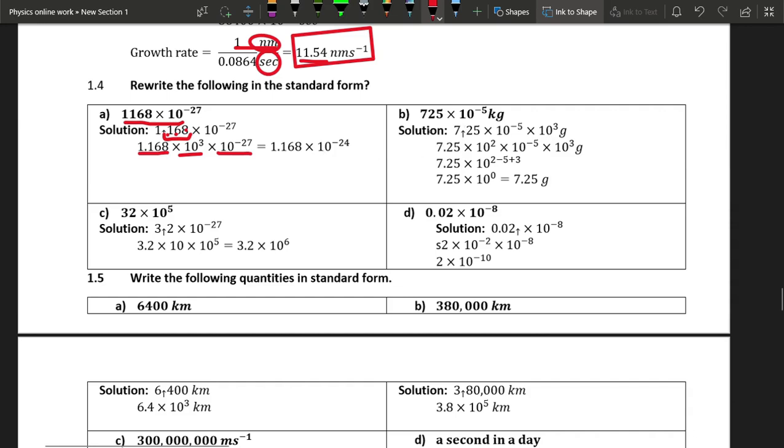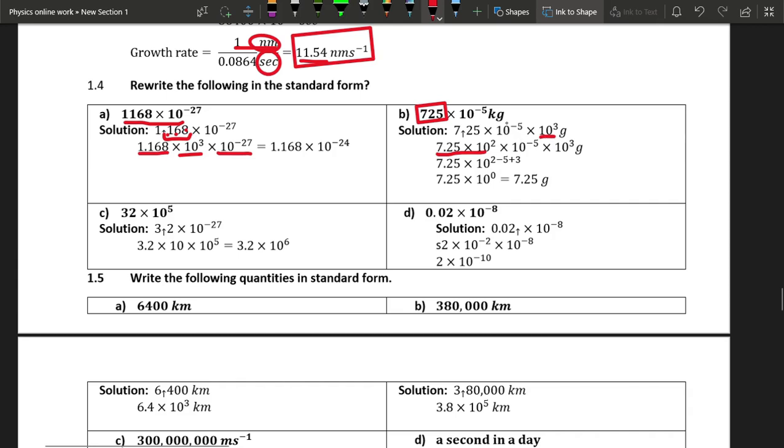Now next question is 725 into 10 raised to power minus 5. First of all you must convert this number to between 1 and 10. How can you convert? Move the point after 7. How many places do you move? 2 places. So we write this number as 7.25 into 10 raised to power 2, and 10 raised to power minus 5 into 10 raised to power 3.